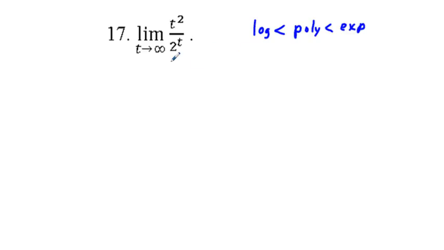So in this case, we have in the numerator a polynomial function, in the denominator an exponential function. So the bottom is going to increase faster than the top. So our answer to this one, number 17, is going to be 0.